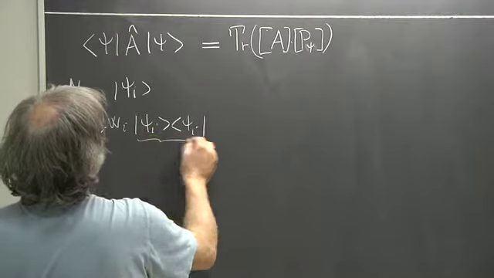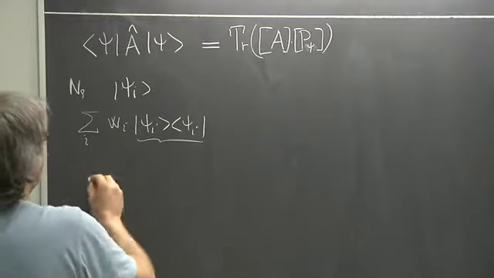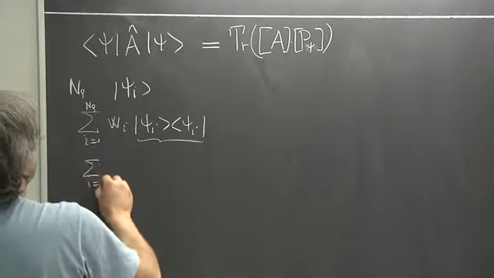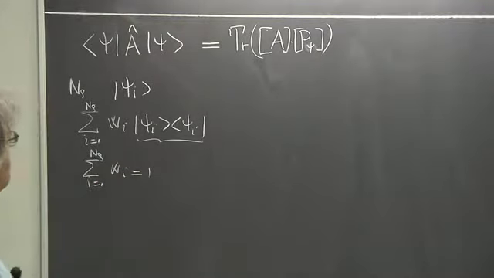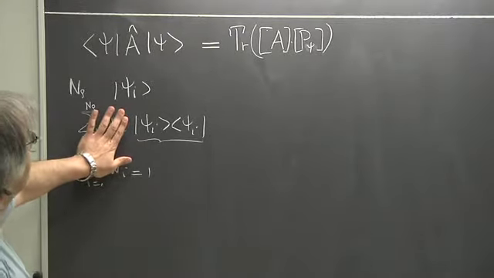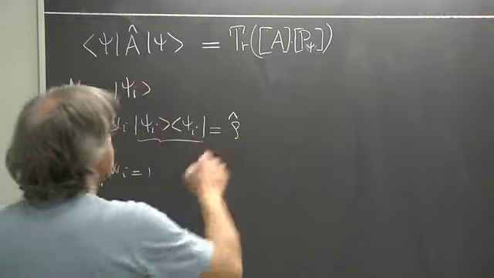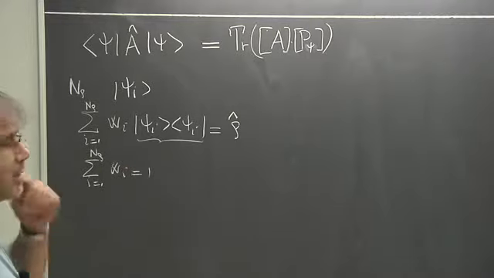So this is the projector on the state psi i, and this is a weight such that the sum over i of W_i is equal to 1, okay? So if only one of these is equal to 1 and the others are 0, you recover essentially a single projector. But in the more general case, this is what we will call a density matrix, okay?